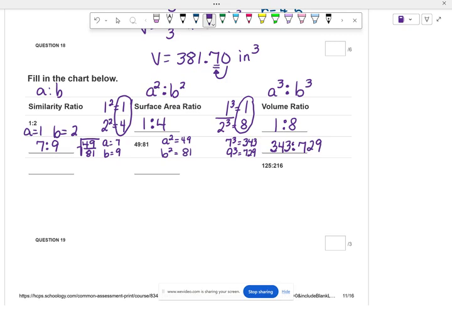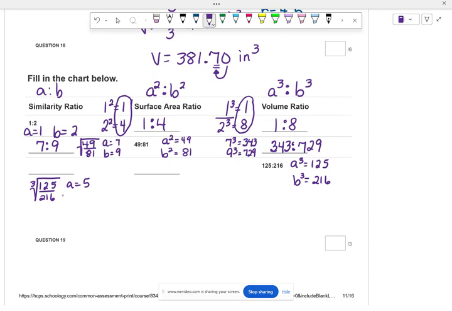Right, and finally, the last row, they've given us the volume ratio. Those numbers have been cubed. A cubed is 125. B cubed is 216. To uncube them, we take the cube root. And the cube root of 125 would give us A is 5.